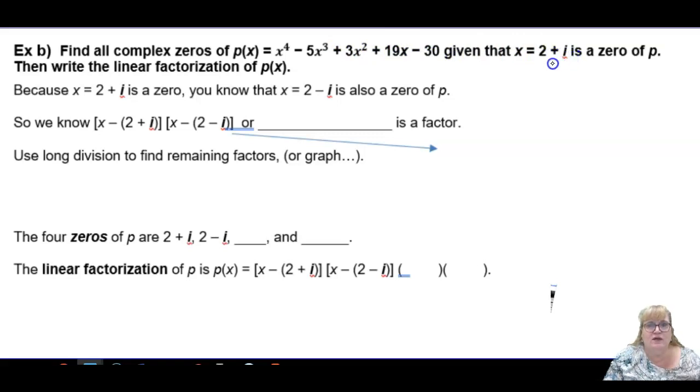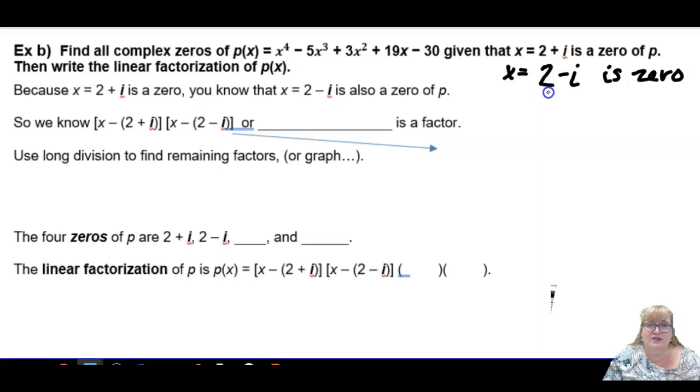Then x equals 2 minus i is a 0. Okay, a plus 1i, a minus 1i. So 2 plus 1i and 2 minus 1i are the two conjugates.